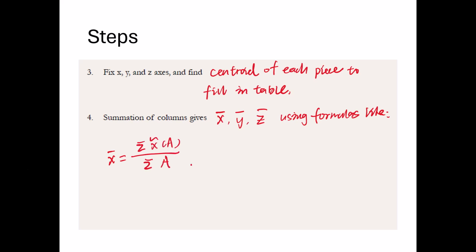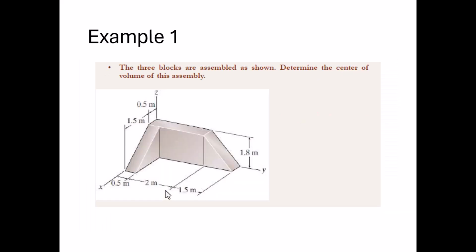Okay. So let's see an example. So here is a composite body. We want to find the centroid, the center of the volume. So we have 3 blocks.